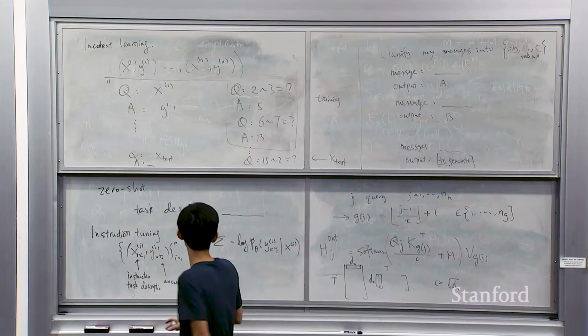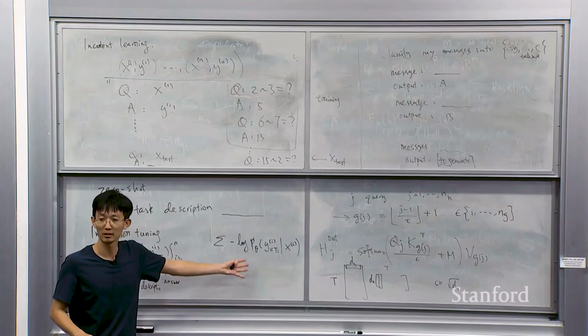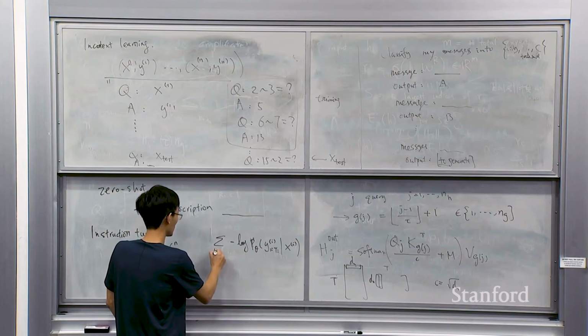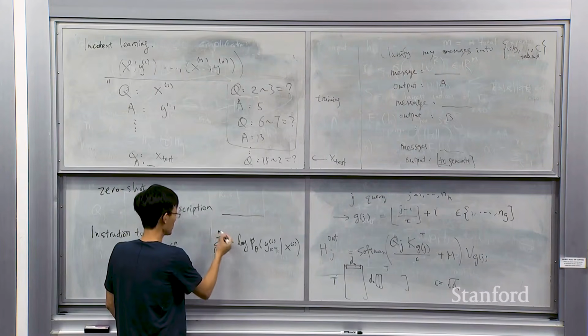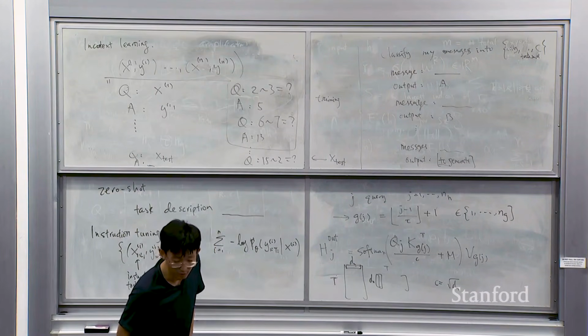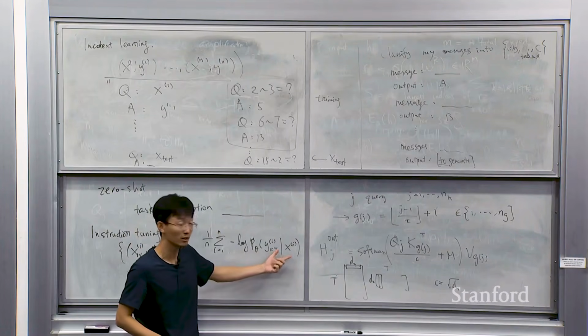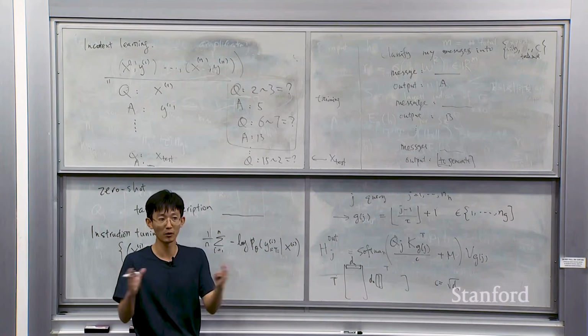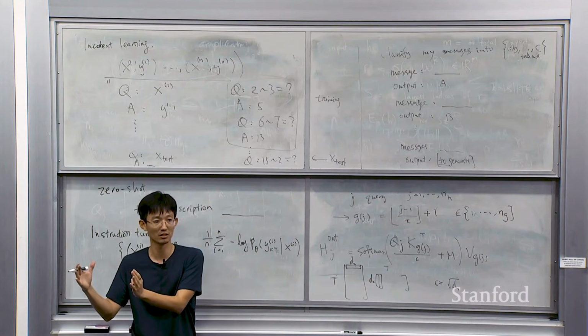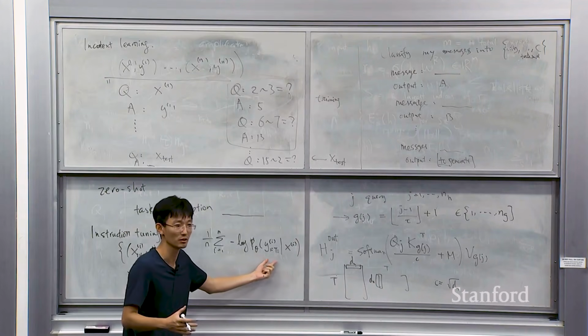Basically you just minimize this loss function, and here you're averaging over i from 1 to n. You have all these examples, and you normalize by 1 over n. And this log likelihood, as we discussed, you can decompose into per-step loss functions because this is a sequence.